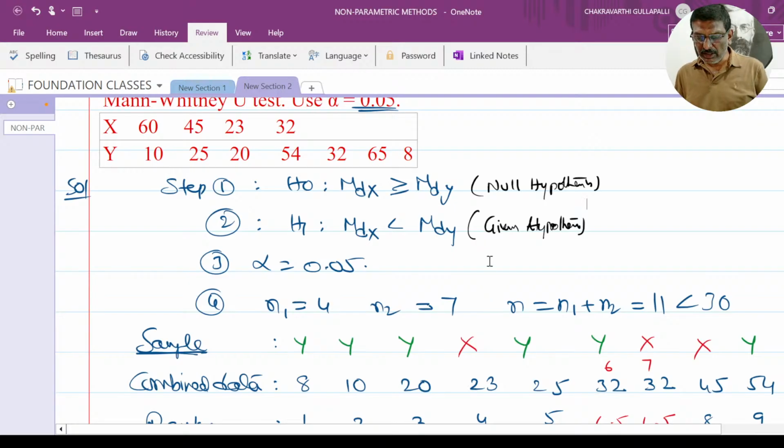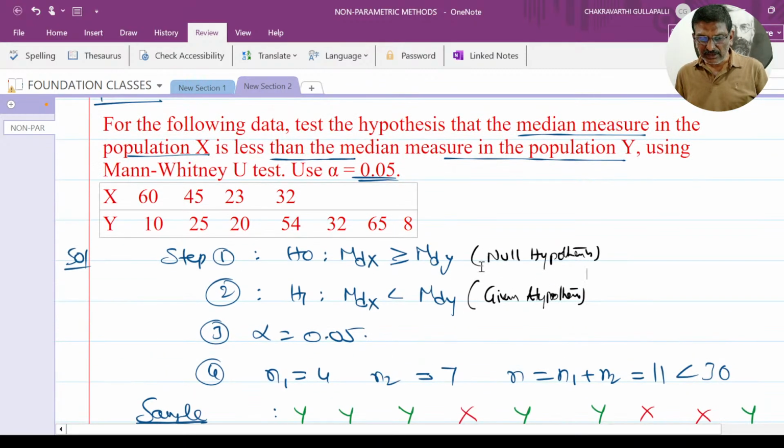Based on the requirement to test that the median measure in the population X is less than the median measure in the population Y, this favors Y rather than X, so it is not a neutrality.